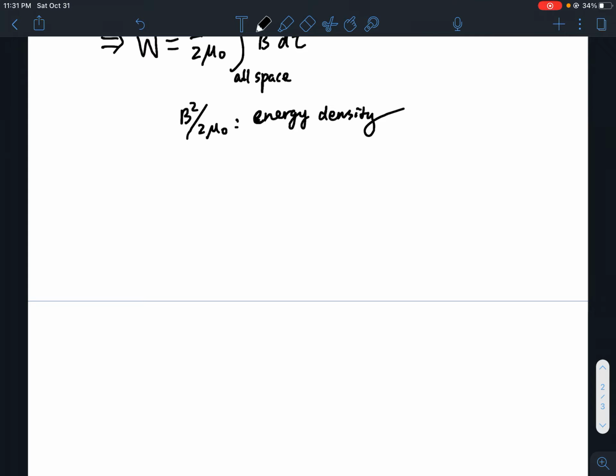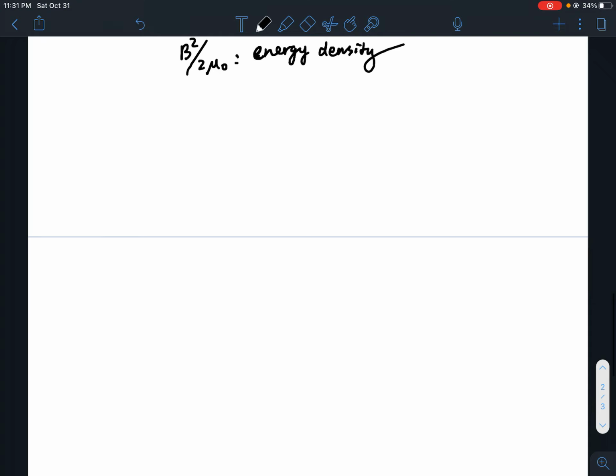Remember that when we talked about electrostatics, we talked about the electrical energy that is stored, and we said the equation is half epsilon 0 E squared d tau, with a density that is epsilon 0 times E squared divided by 2.